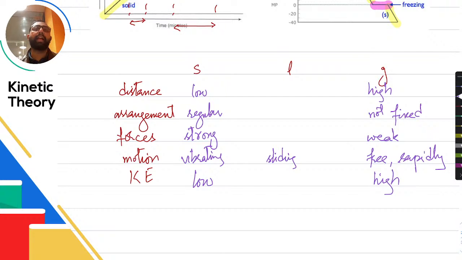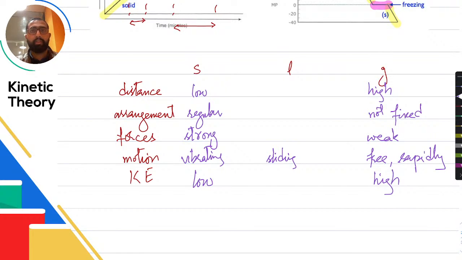If you just understand that gas particles are free and solid is opposite to that, you know that solid particles are confined to their spaces. If gas particles are moving randomly and in all directions and rapidly, then solid, which is the opposite of that, they're not moving at all. There's very low movement. Of course they're moving, but that's just vibrations.